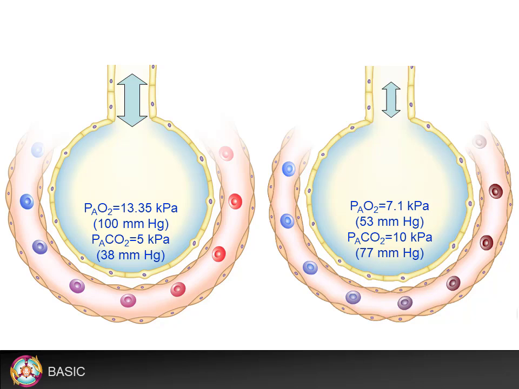As a result, the alveolar partial pressure of oxygen falls, with a corresponding fall in the arterial partial pressure and hence saturation. Similarly, the rise in alveolar partial pressure of carbon dioxide results in a rise in arterial PCO2.